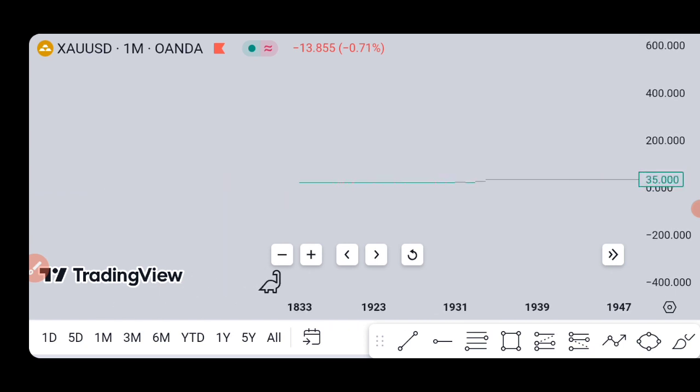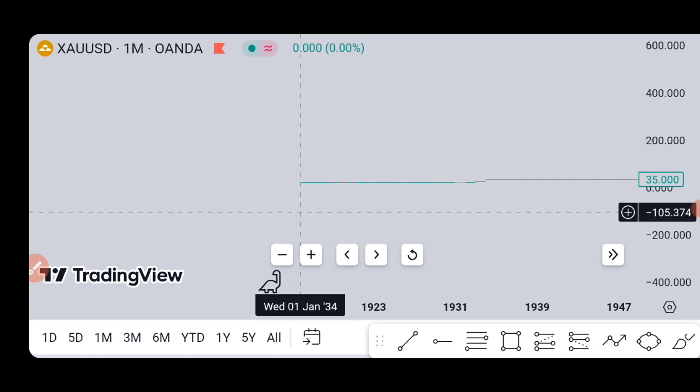I want to see when gold started trading. Gold started in January 1930. This is January 1834. Wow. January 1834.